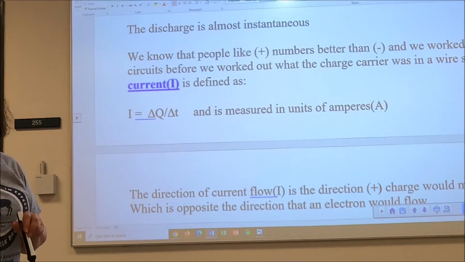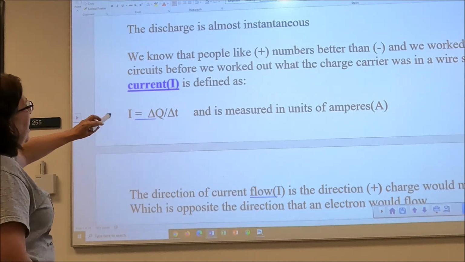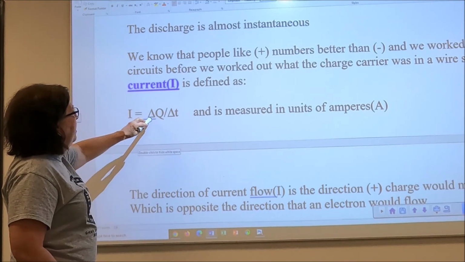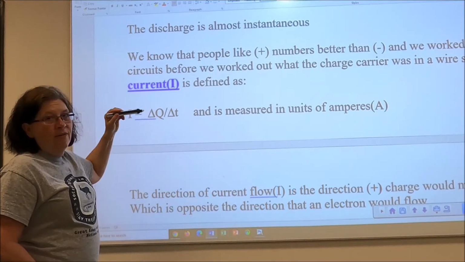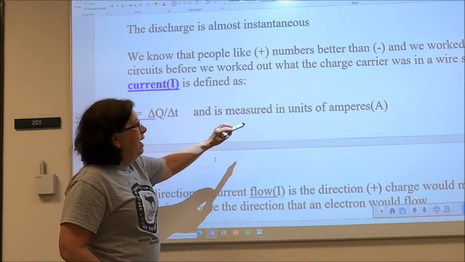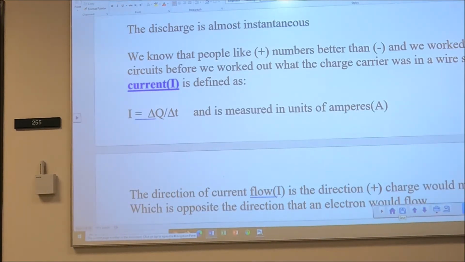Now, we know that electrons are the real charge carrier in the wire, but people like positives better than negatives, and the stuff about current was worked out before we knew what the charge carrier was. So current I is defined as delta Q over delta T, where Q is thought of as positive charge, and the unit for current is the ampere, or quite often we just call it the amp for short.